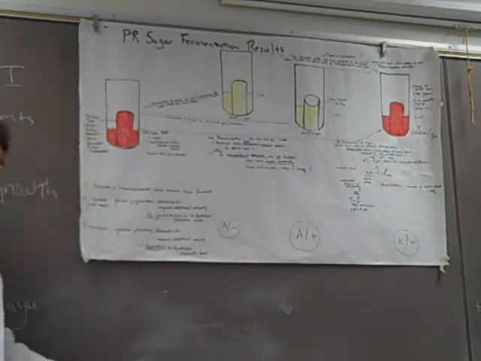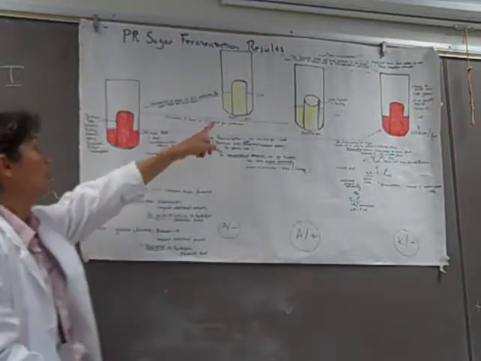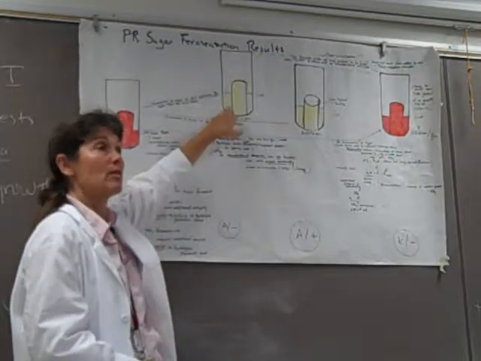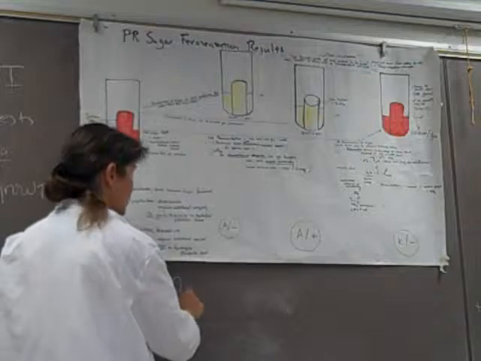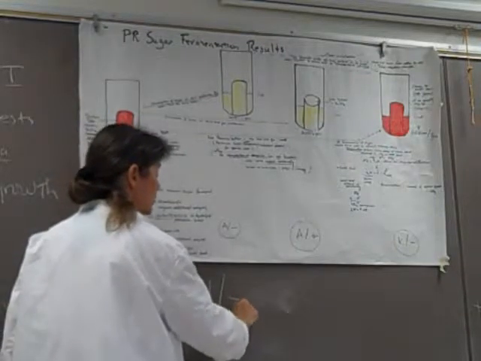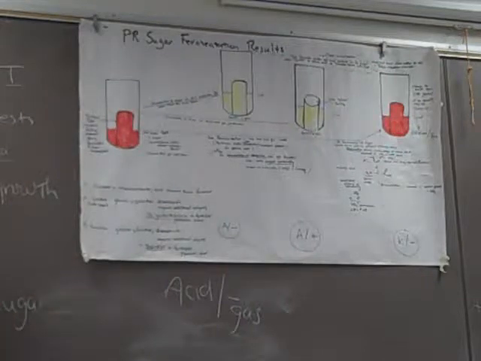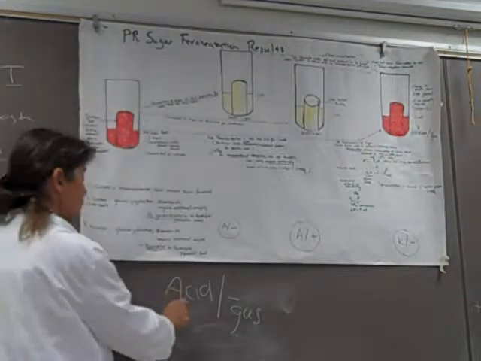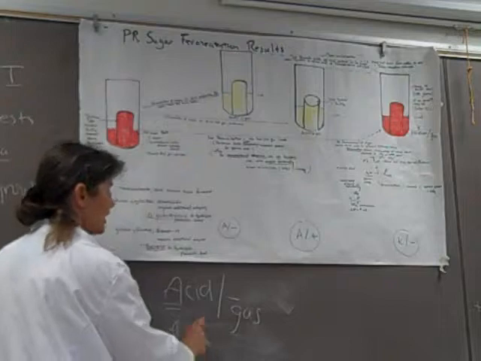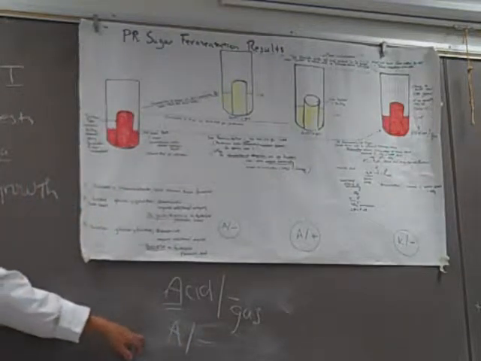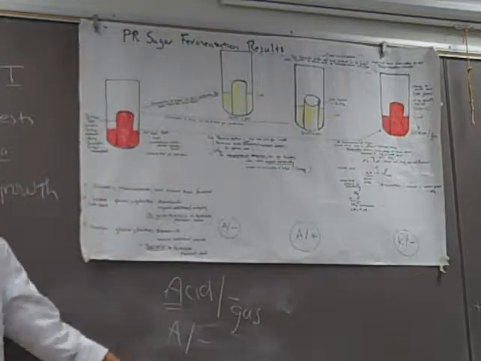So we score for acid, we score for pH, and then we score for gas. So if we have a tube that's all yellow with no gas bubble, we score it as acid / no gas. And we can abbreviate it even more. Sometimes we'll just put A / negative like that. So that means acid was produced. We had fermentation of the sugar, but no gas was produced.